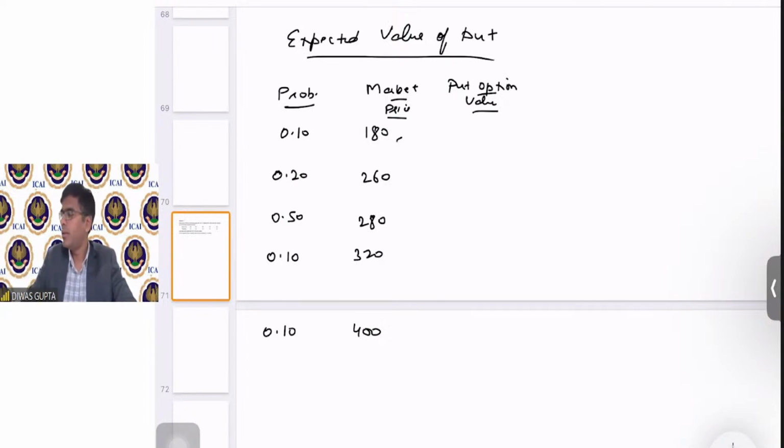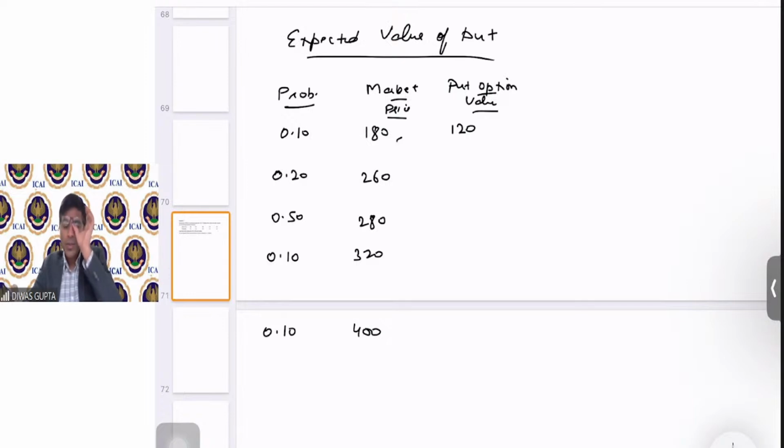So, no, Tanisha, there will be a 120 rupees benefit, right? There will be a 120 rupees benefit because the market price has gone down below the strike price. The moment it happens, there is a gain. We have seen in the payoffs yesterday, right?